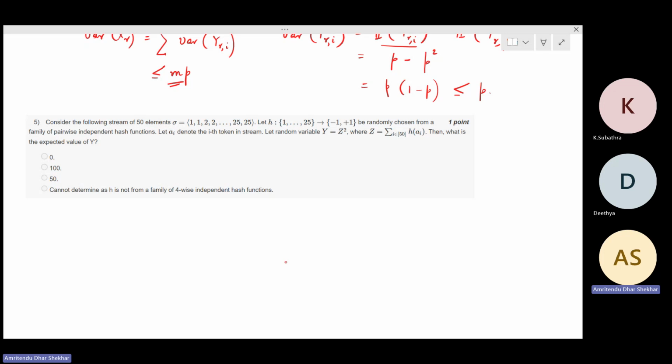Okay, so as usual, y is equal to z squared, which is equal to the summation over i comma j of h_j, i minus h.